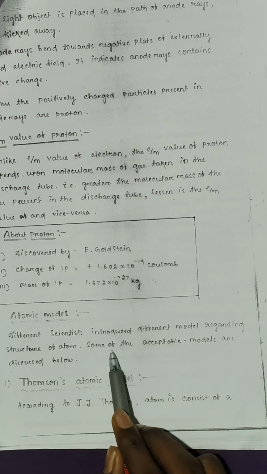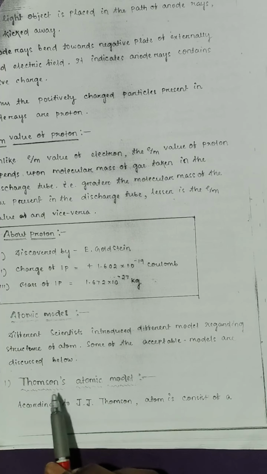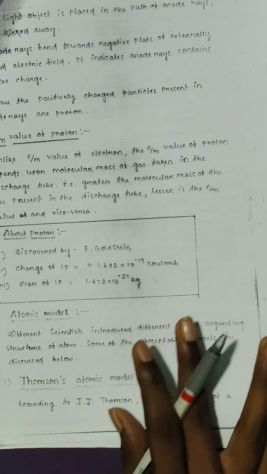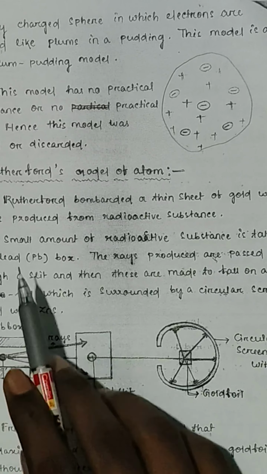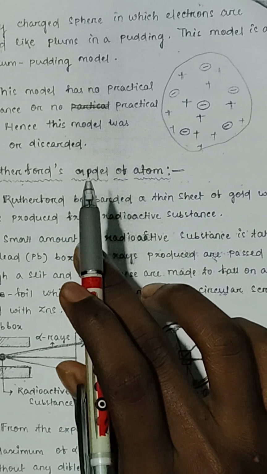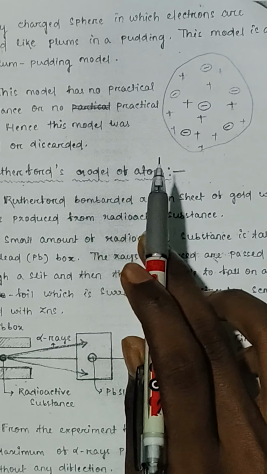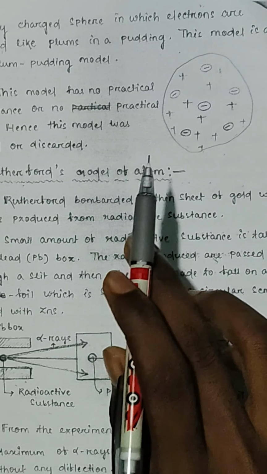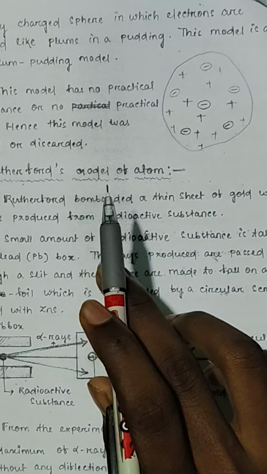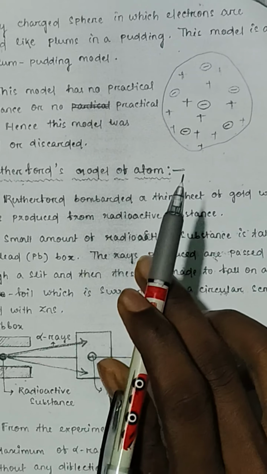Some of the acceptable models are discussed below. Let's start with Thomson's atomic model. According to J. J. Thomson, an atom is a positively charged sphere, and electrons are embedded like plums in pudding. The model is also called the plum pudding model.